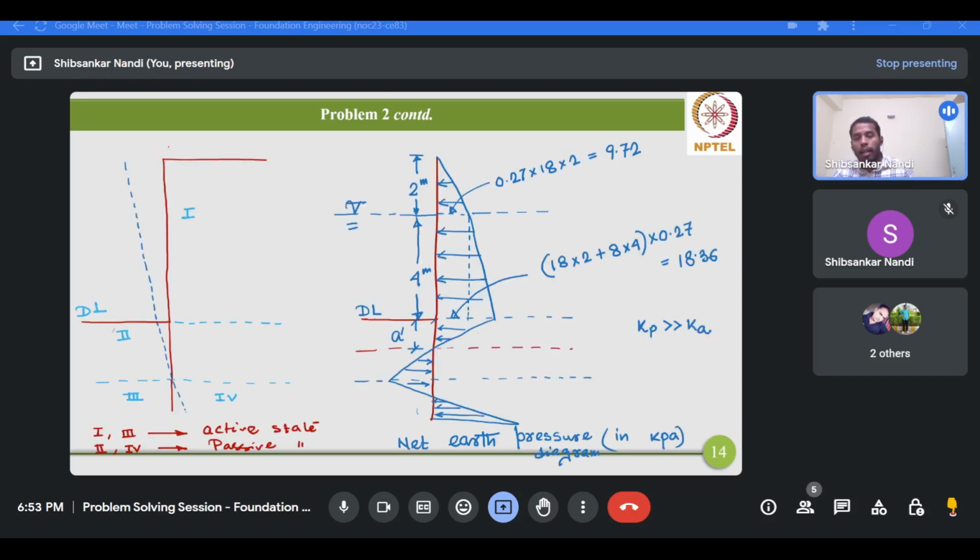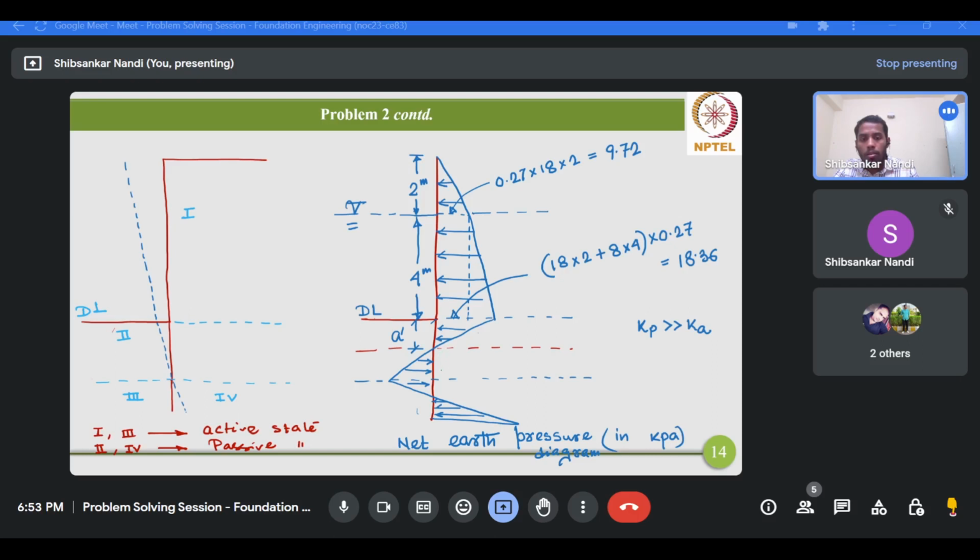Before that, let me rename these points.